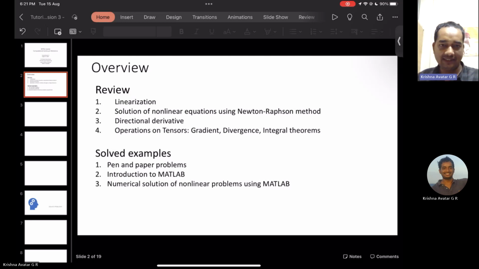I'll be following MATLAB. If anyone wants, we can substitute it with other languages such as Python. It depends on your choice. We'll be solving nonlinear equations, just one example, using MATLAB.